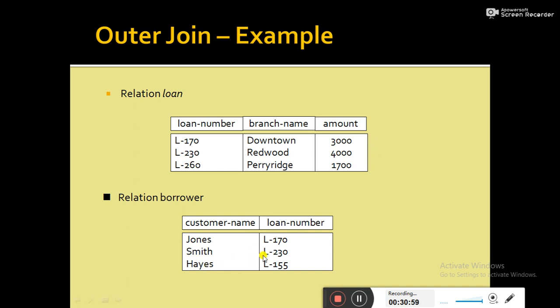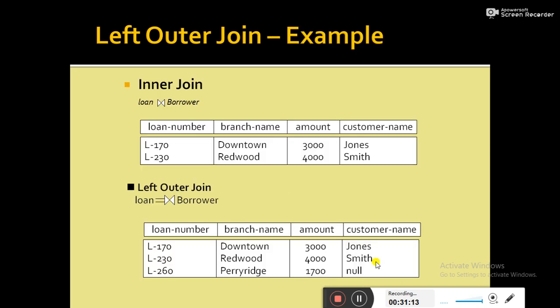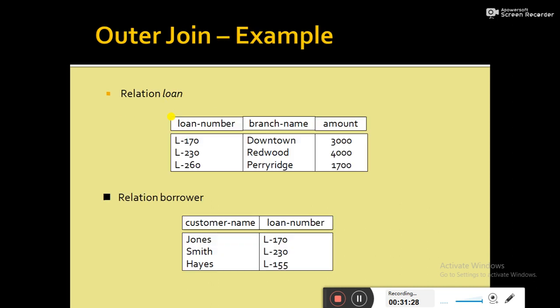Next, Smith L230 Redwood 4000 will get selected, and Hayes is not going to be selected. Just check it. So loan natural join borrower means it will select only those records for which the loan number values are the same.